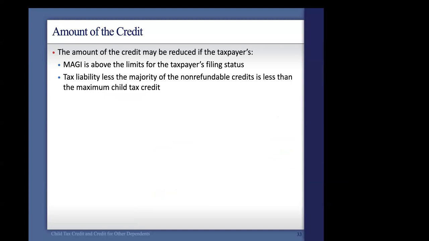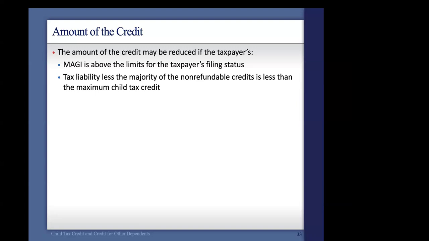The amount of the credit, again, that's not something that you will figure out. The amount of the credit may be reduced if the taxpayer's modified adjusted gross income is above the limits for the taxpayer filing status, and the tax liability is less. The majority of the non-refundable credits is less than the maximum child tax credit.